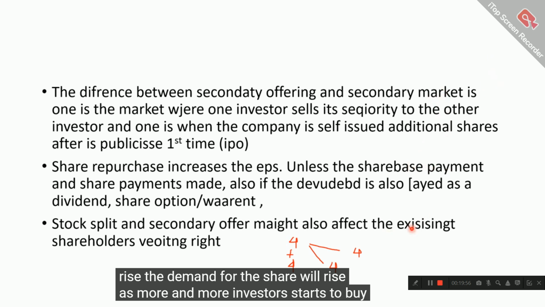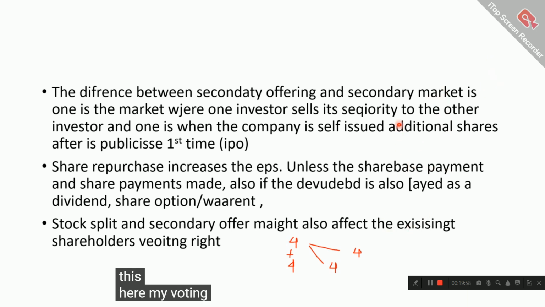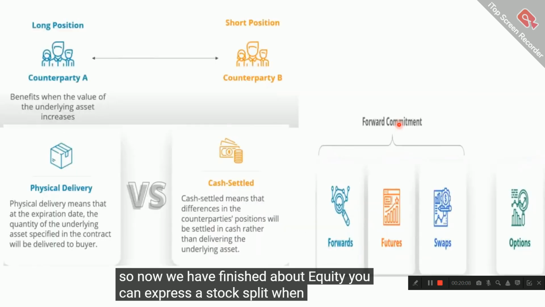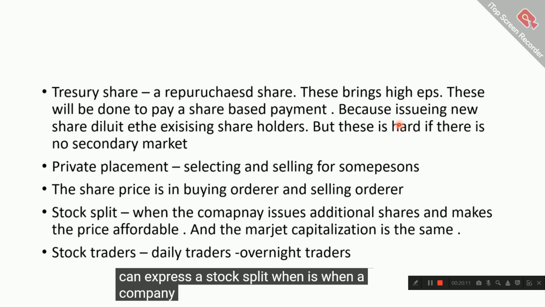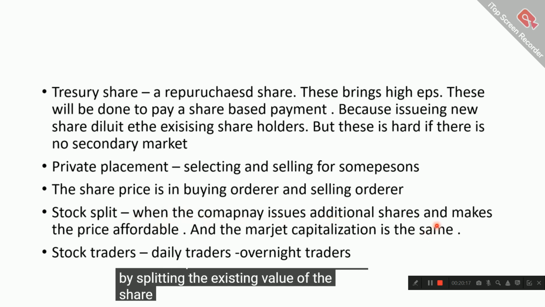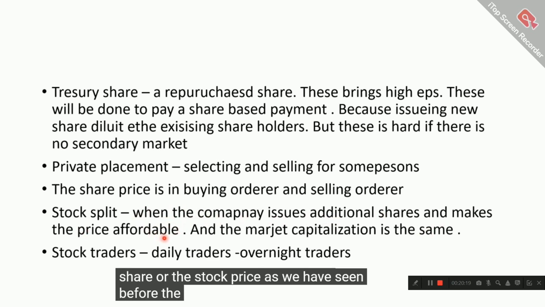You can explain a stock split as when a company issues additional shares and makes the price affordable to the market by splitting the existing value of the share, or the stock price. As we have seen before, the company might engage in share-based payments, or pay dividends in terms of shares, or give share options, the right to convert other securities into the company's shares.